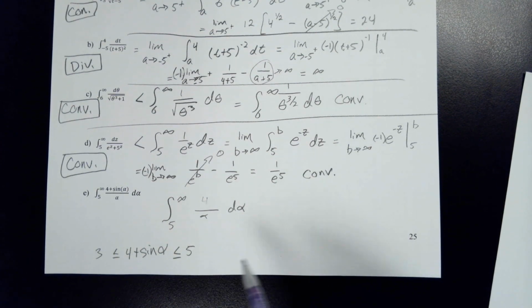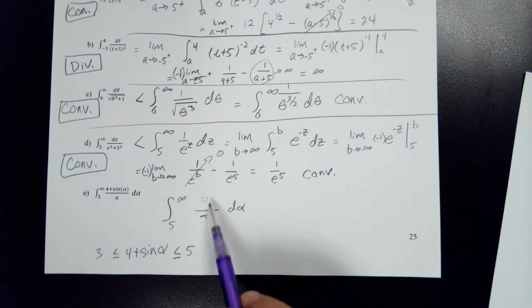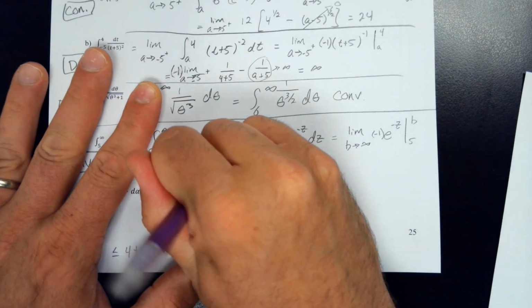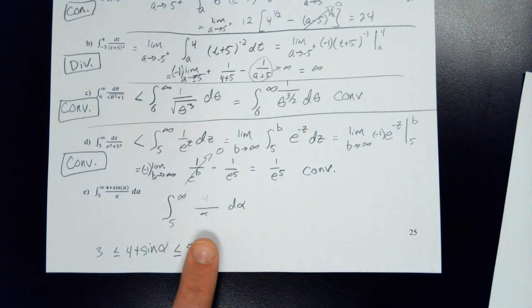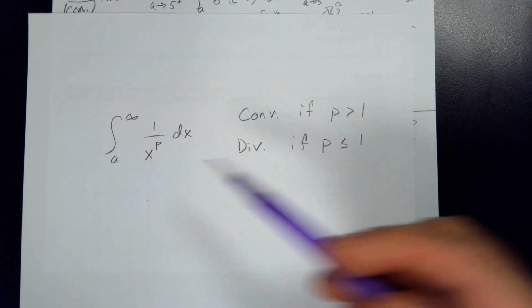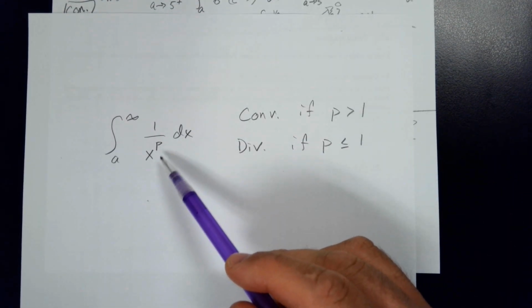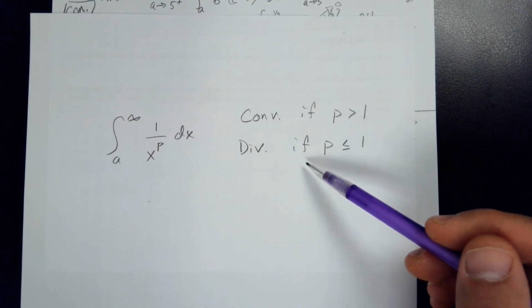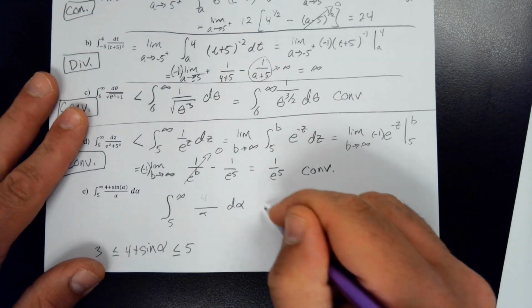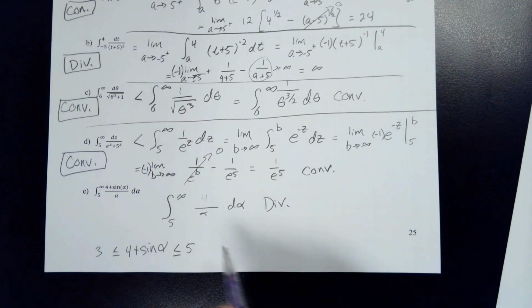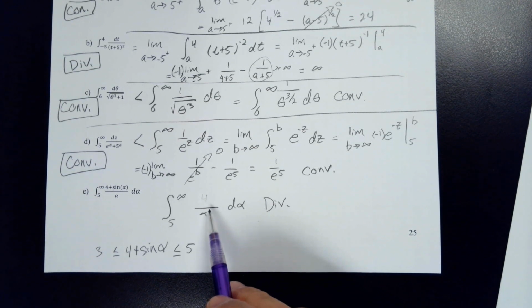Now, you could kind of look either way, whether I use the 3 or the 5, what this integral is going to do. I'm going to have an alpha to the 1 power. I think this integral is going to diverge. Whether I put a 3 or a 5 here doesn't matter.